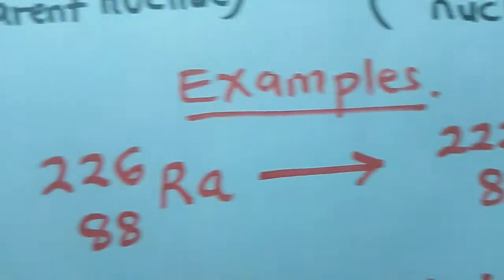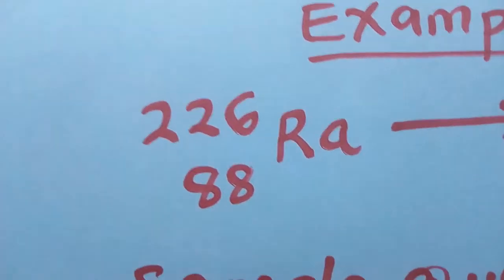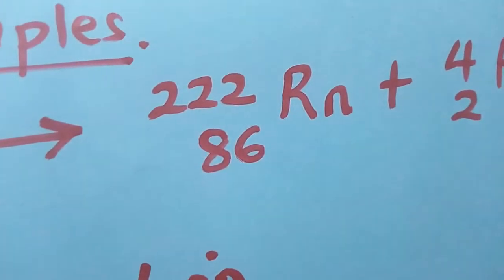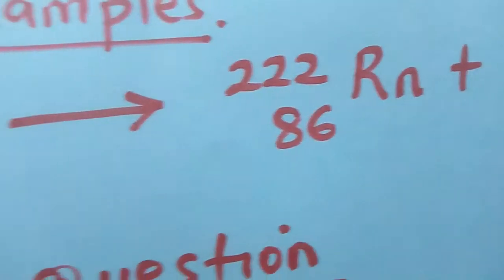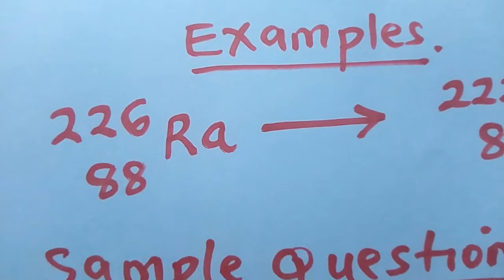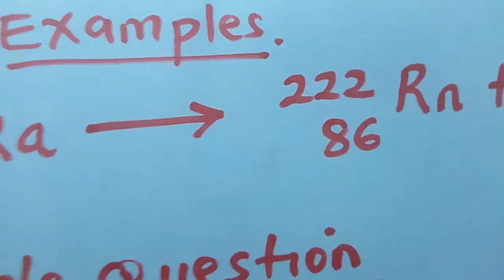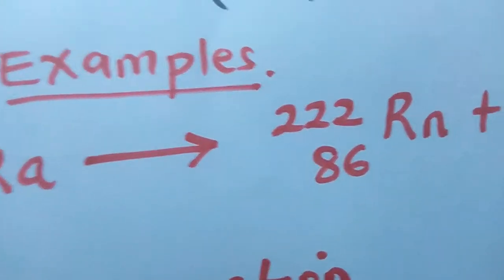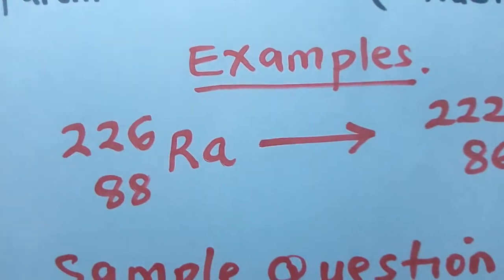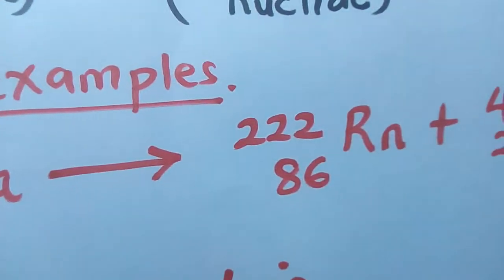This was now the parent, we call the X. Now this is radium. Then it produces radon. You see, that is the daughter. Now I want you to compare the atomic number. The atomic number here is 88. What did we say? Atomic number reduces by 2. So it becomes 88 minus 2, which is 86.